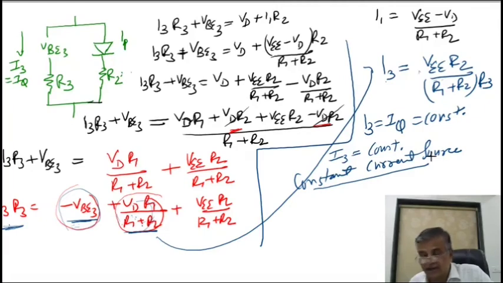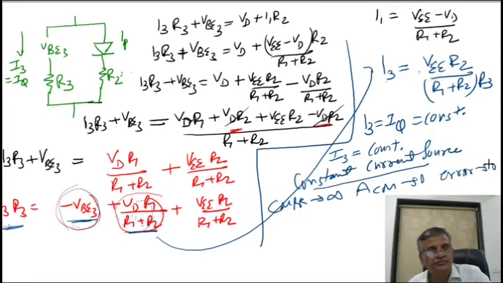So CMRR will be large. As CMRR is large, then ACM tends to 0. So the error voltage tends to 0. So in this way, you can increase the value of CMRR.